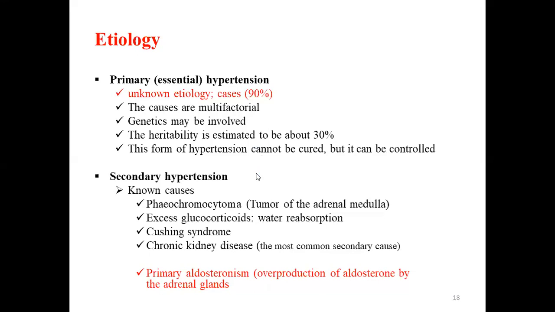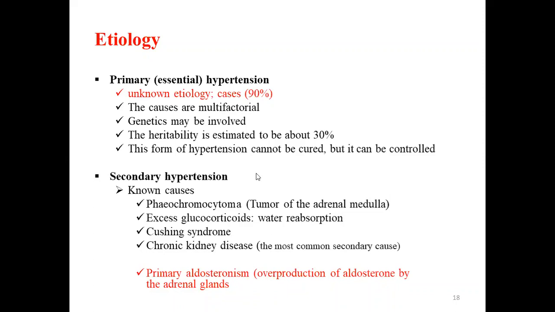Then when you look at the secondary causes, those are the least common type of hypertension, and they do have known causes. Some of them are caused by drugs. Some of them are caused by secondary conditions, such as chronic kidney disease.